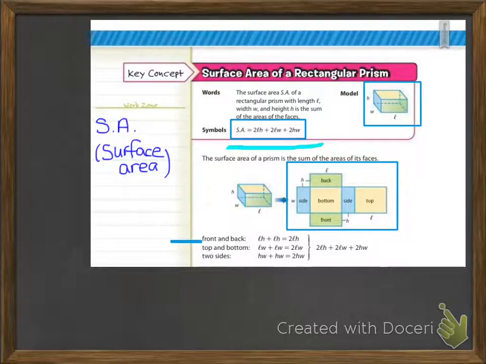You can see they did the same thing for the top and the bottom and the 2 sides, which is how they get their final formula of 2 times length times height, plus 2 times length times width, plus 2 times height times width.